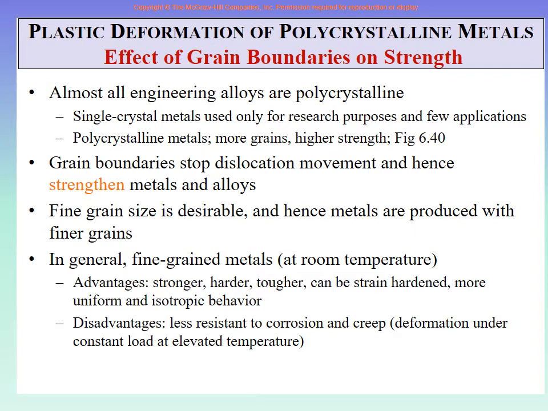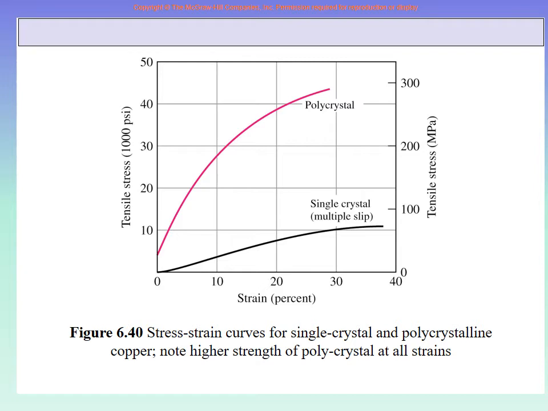Here they are just showing the same material, but this graph is for the single crystal material and this graph is the polycrystal. Single crystal will be made by very, very special manufacturing technologies. Here is the tensile stress, the ultimate strength in PSI and in megapascal.